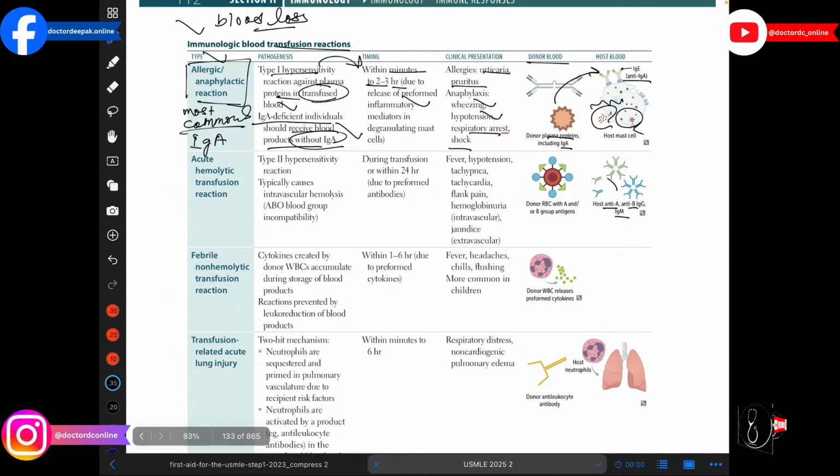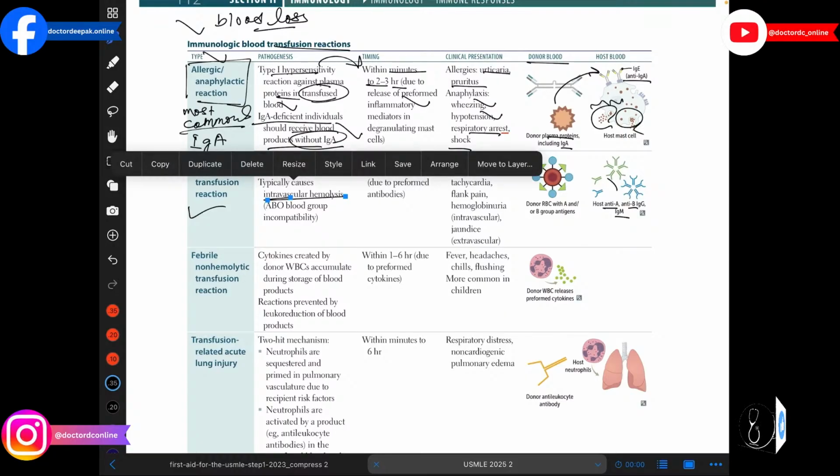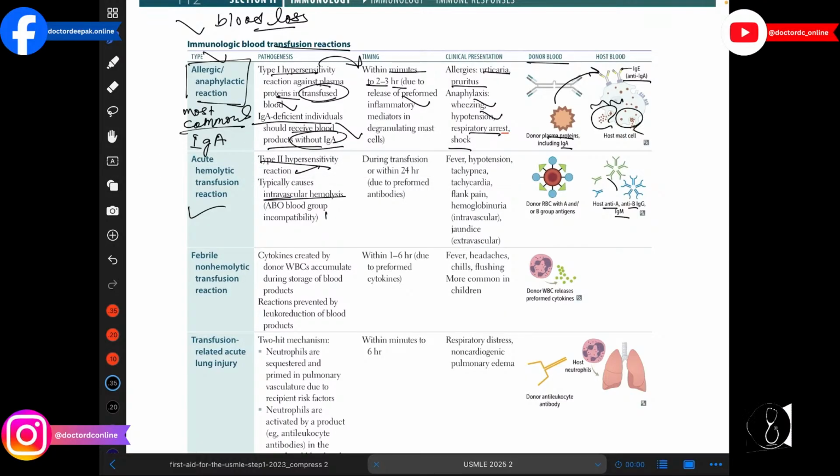Now we are going to study acute hemolytic transfusion reaction. It is a type 2 hypersensitivity reaction, and it's most commonly intravascular hemolysis due to ABO blood group incompatibility. It may cause extravascular hemolysis due to host antibody against donor RBCs.